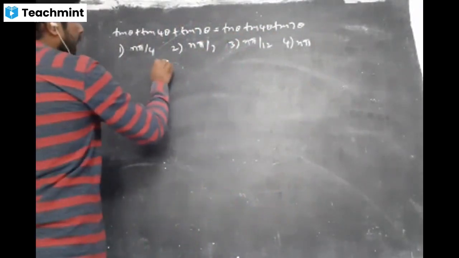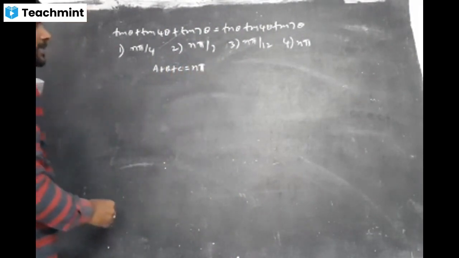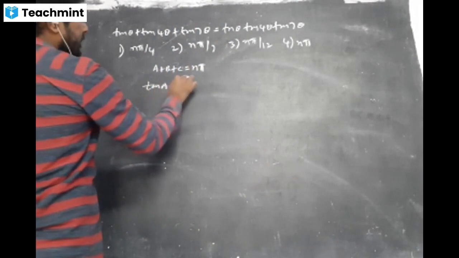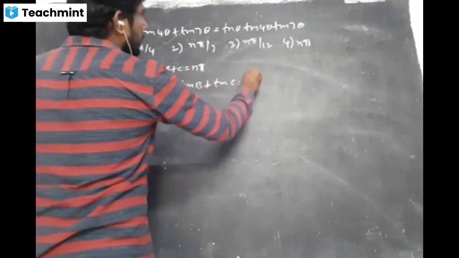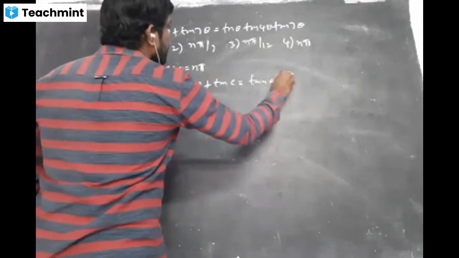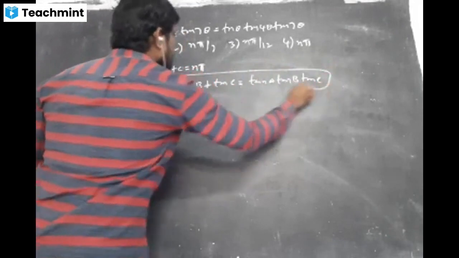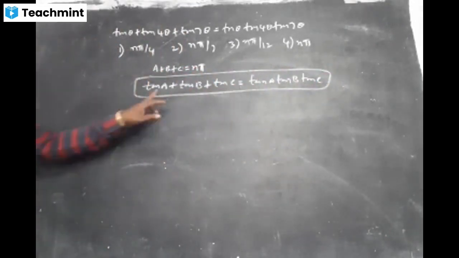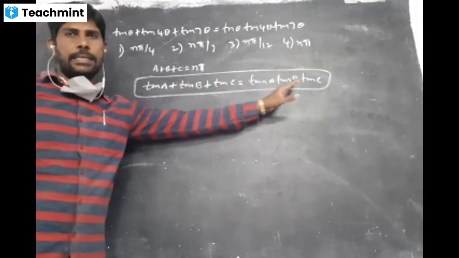We know one formula: if a plus b plus c is equal to n pi, then tan a plus tan b plus tan c is equal to tan a into tan b into tan c.